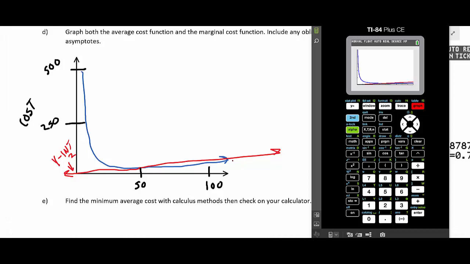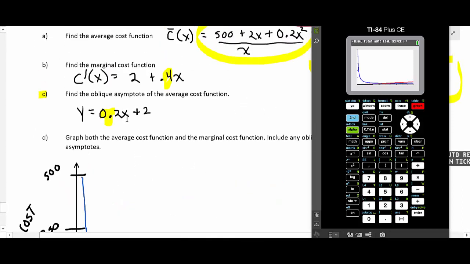They're just about the same, aren't they? That's probably good enough. I want you to see that the asymptote and the marginal cost are pretty close, and they're close until you get out to infinity. That's when they start dispersing because the slopes are different. Does that make any sense?